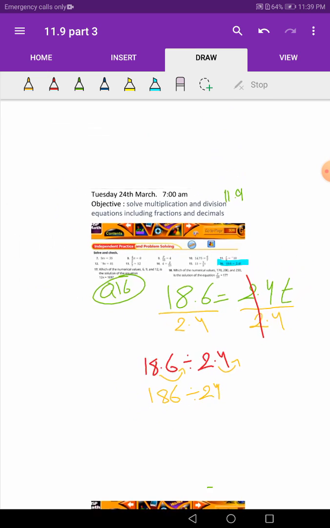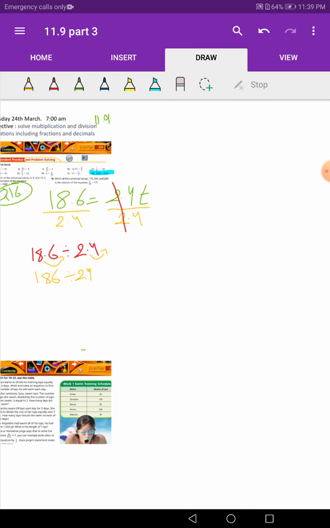Let's use long division. So 186 divided by 24. I'll ask myself, how many 24s are there in 186?